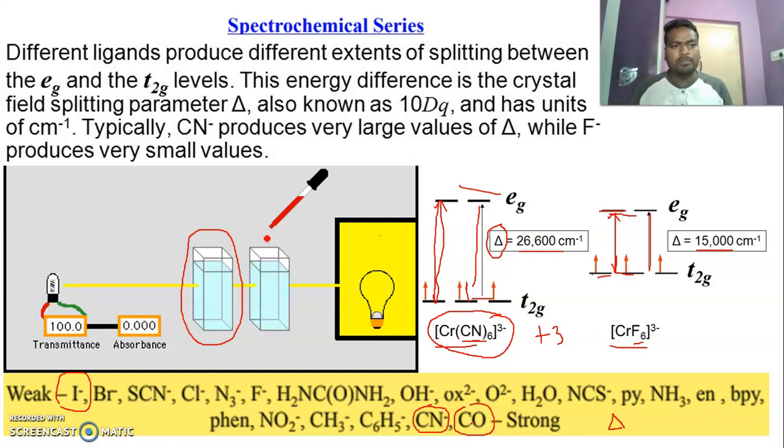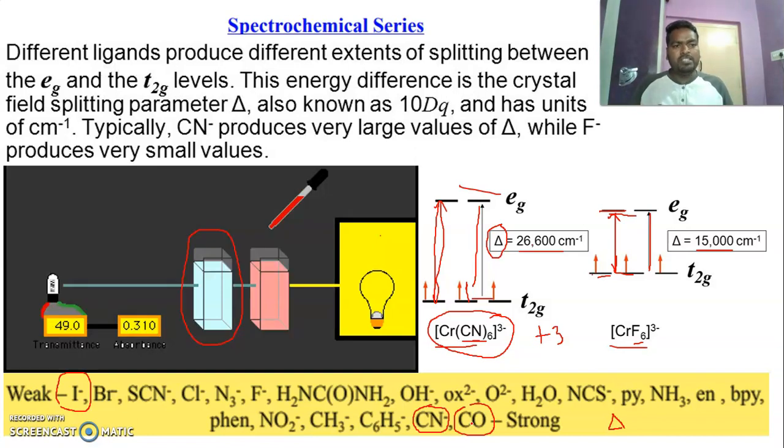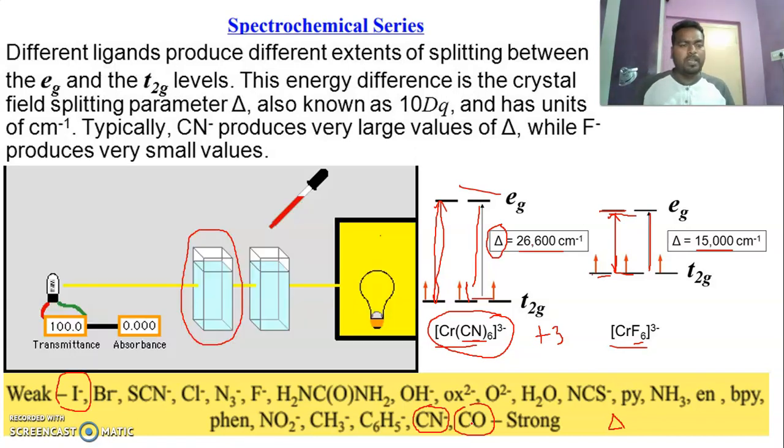Dear student, it's a very important thing, because while discussing stability, while calculating the crystal field stabilization energy, while deciding high spin and low spin complexes, while deciding magnetic properties, while deciding colored complexes, the knowledge of the ligand is very, very important. You must be able to judge whether it is strong or weak. We can identify it with the help of the spectrochemical series.